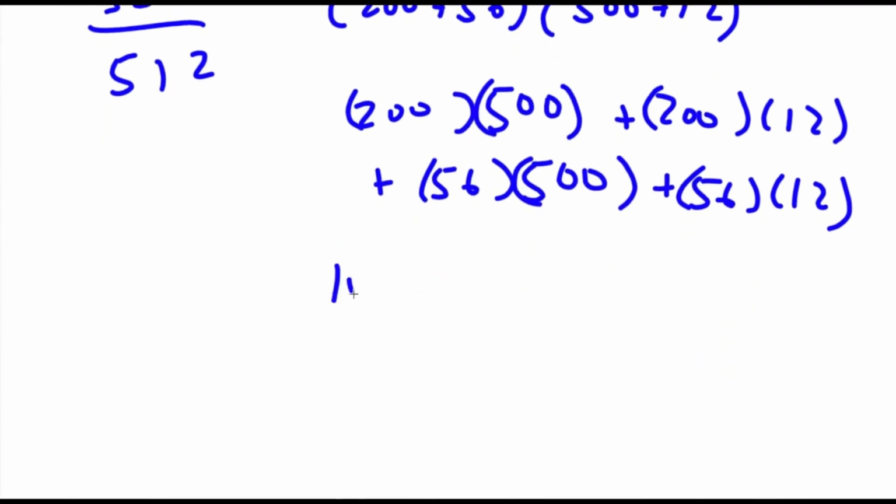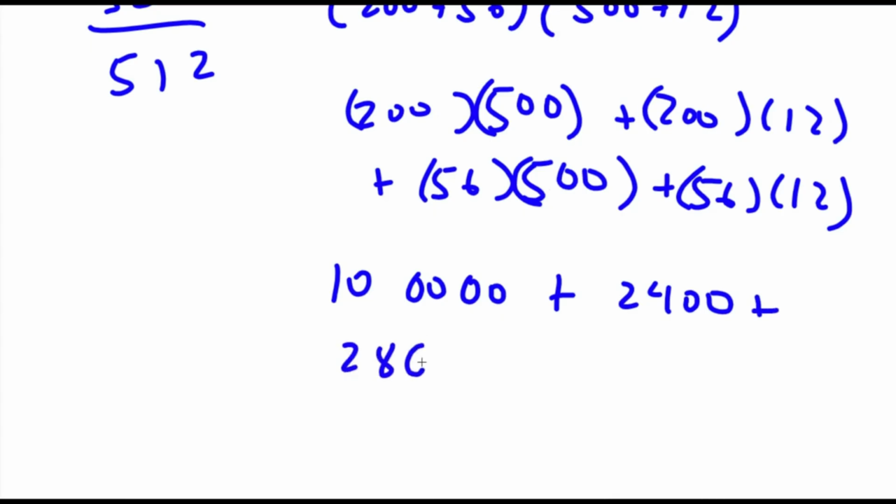Now 200 times 500, that's going to be 10 with 4 zeros, plus 200 times 12, that's going to be 24 with 2 zeros, plus 56 times 5, that is going to be 280 with 2 zeros, plus 56 times 12, that is going to be 112 plus 560, which is, let me do this right here so you guys can see, 672.